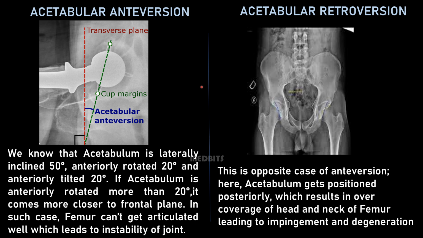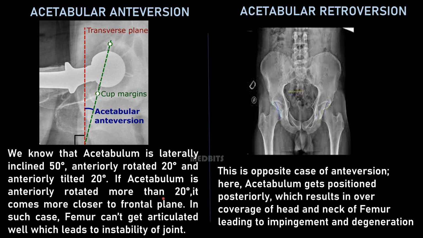Coming to the next one, acetabular antiversion and acetabular retroversion. Here we know that the acetabulum is laterally inclined 50 degrees, anteriorly rotated 20 degrees and anteriorly tilted 20 degrees. If the acetabulum is anteriorly rotated more than 20 degrees, it comes closer to the frontal plane. In such a case, the femur can't articulate well, which leads to instability of the joint.